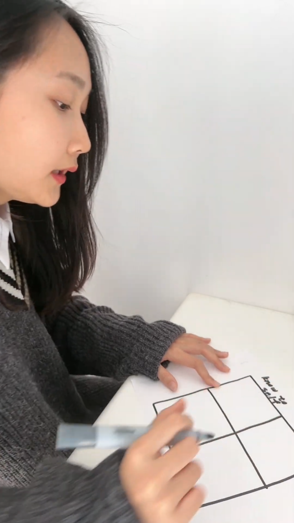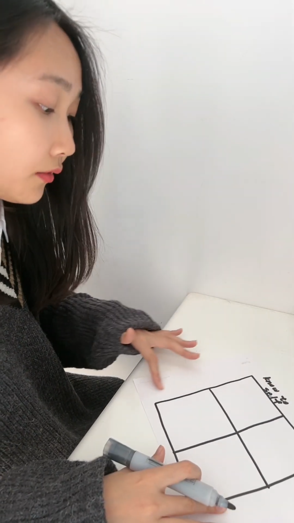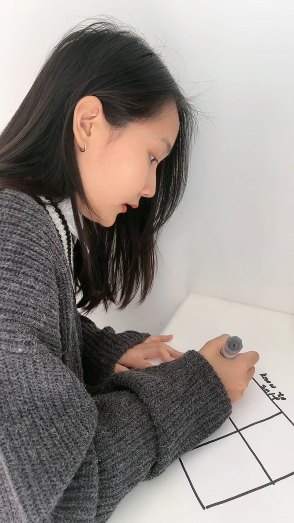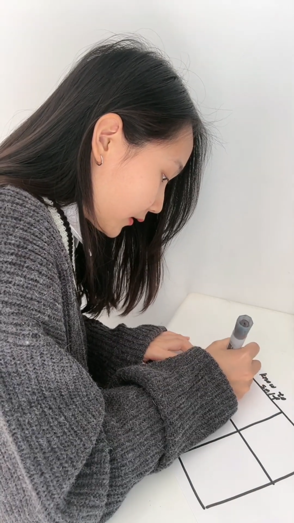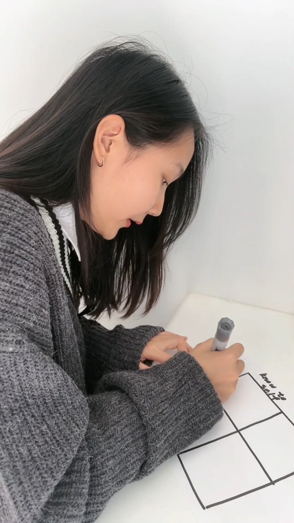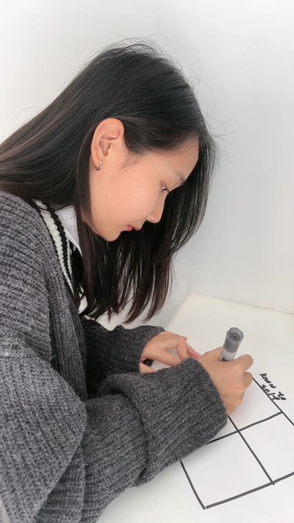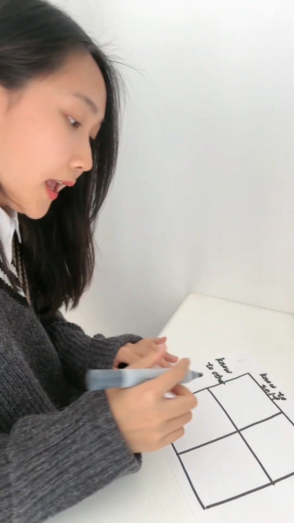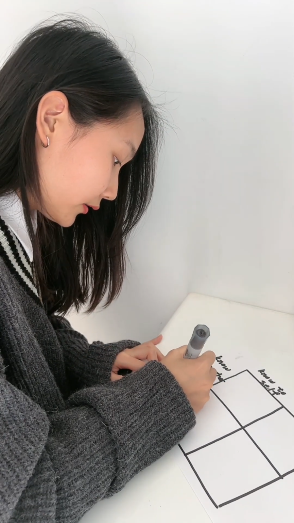And the vertical line is about others. Just the same. The first one is known to others, and the second one is not known to others.